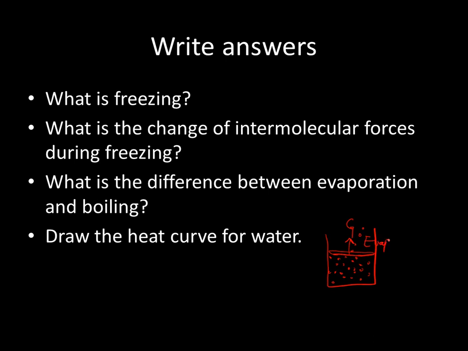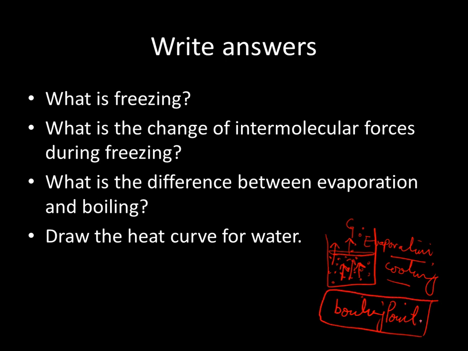Evaporation is a cooling process which goes on all the time, but boiling is the process which happens at a sharp boiling point. Boiling is when all the liquid boils up and leaves the liquid phase, and the boiling point is a constant for any liquid.